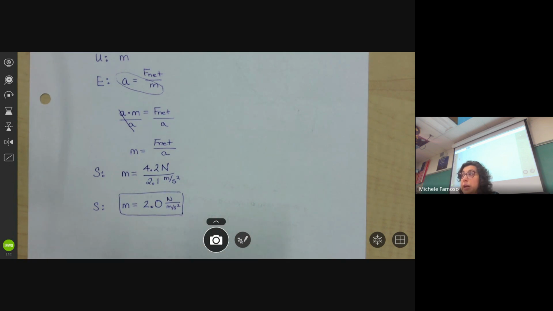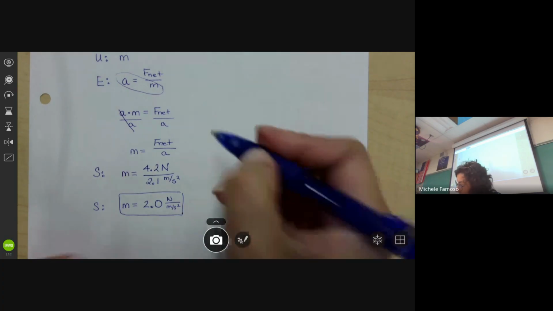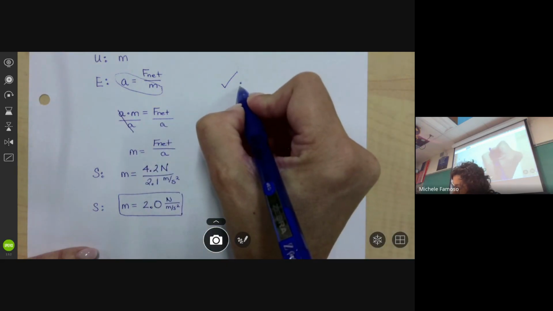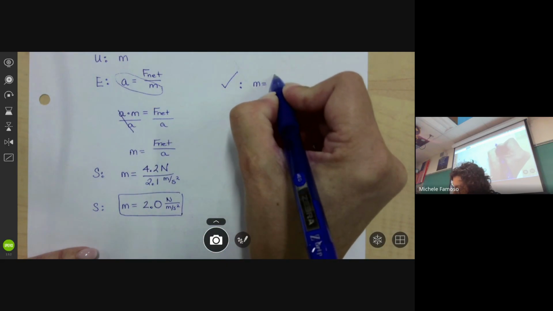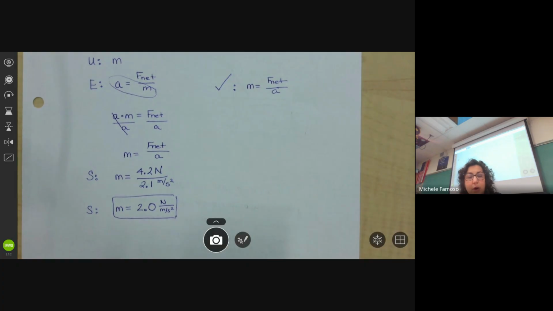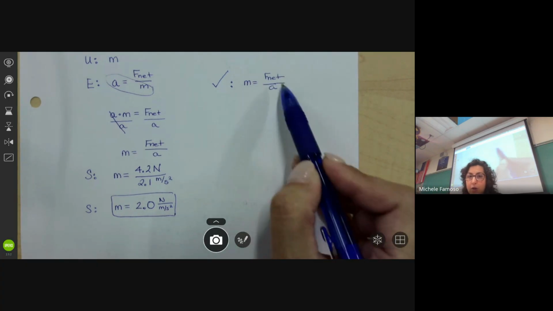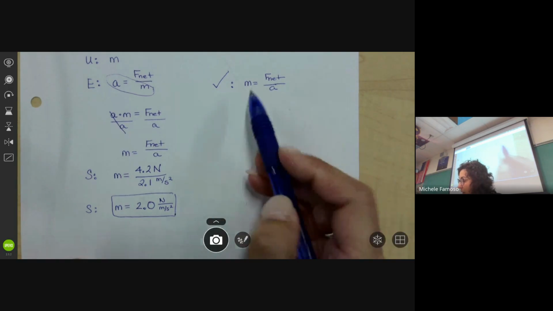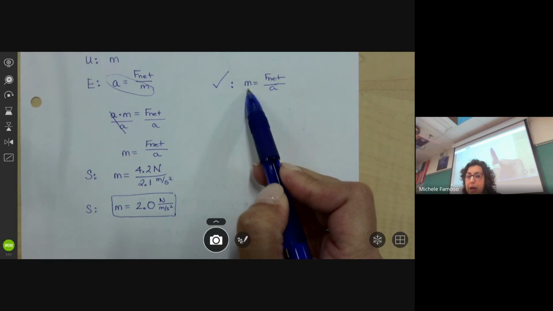You want to do the dimensional analysis on this just to double check? Only if the question says to do it. Okay, you're only going to show me stuff that I tell you you need to show. Remember, you're going to have that big including statement. That's the equation we plugged into, the manipulated one, so that's the one we have to check. What is the unit for m that we came up with?